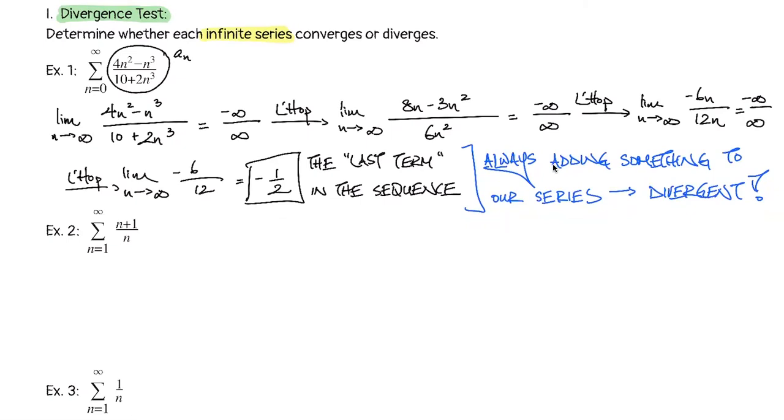But the series, when I add up all the terms, that does not converge. Okay, so because a sequence converges doesn't mean that the series also converges. So we have to be really careful about what rules we're applying to what. Okay.